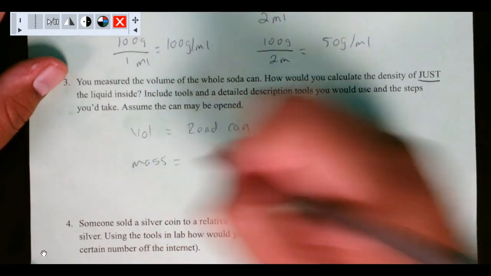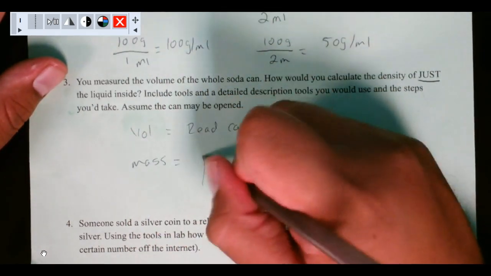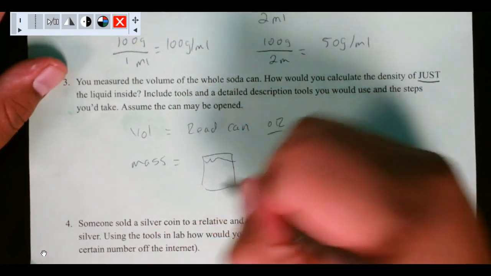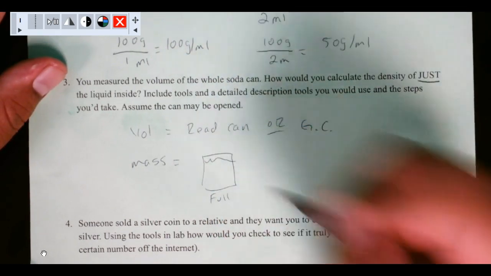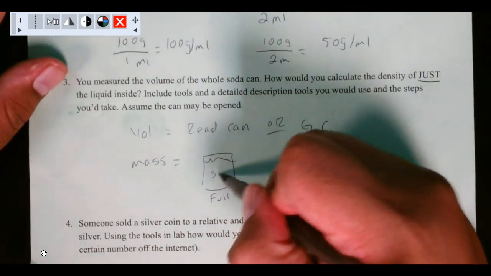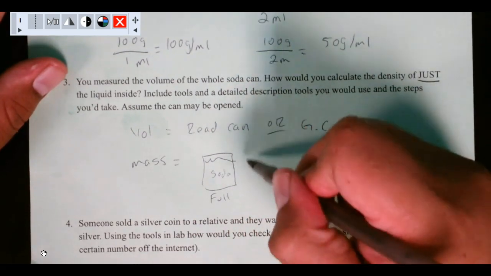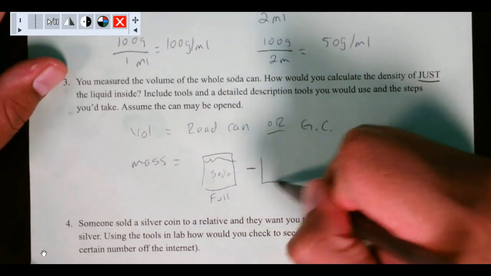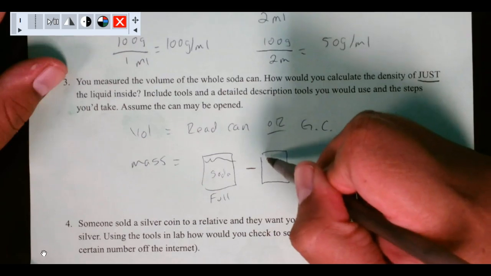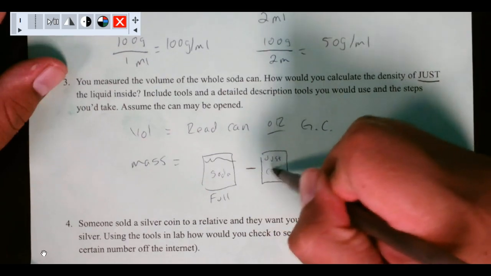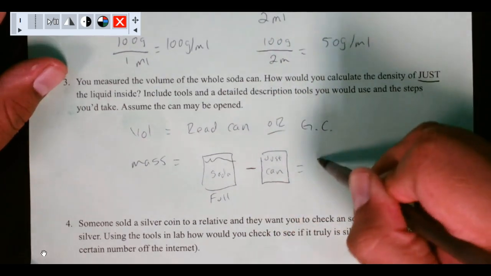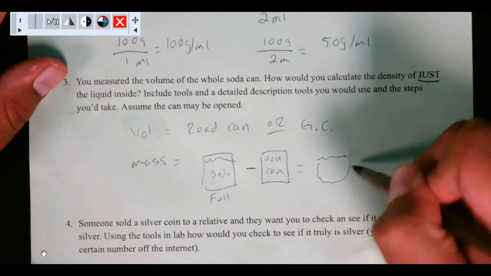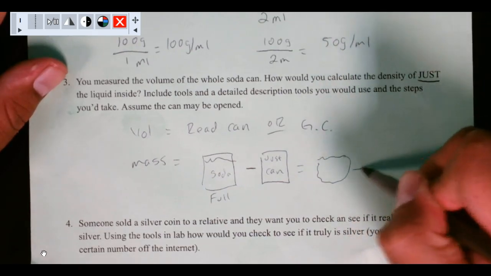Well, there's a couple ways to do this. You have a full can, with soda and the aluminum, minus the weight of just the can. So this is just the can, equals the mass of soda.